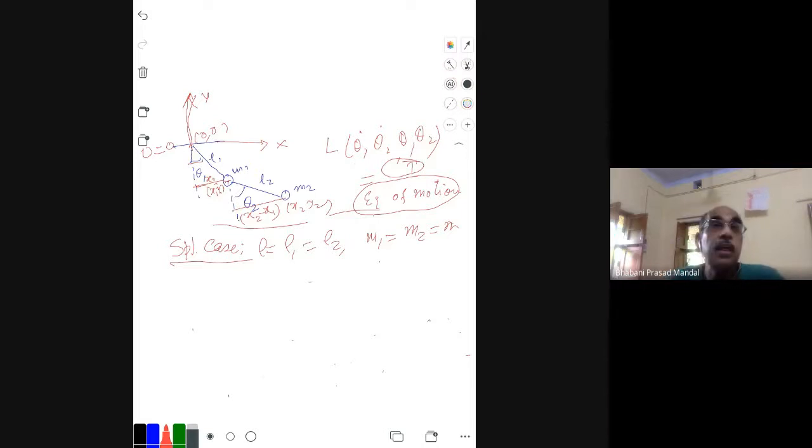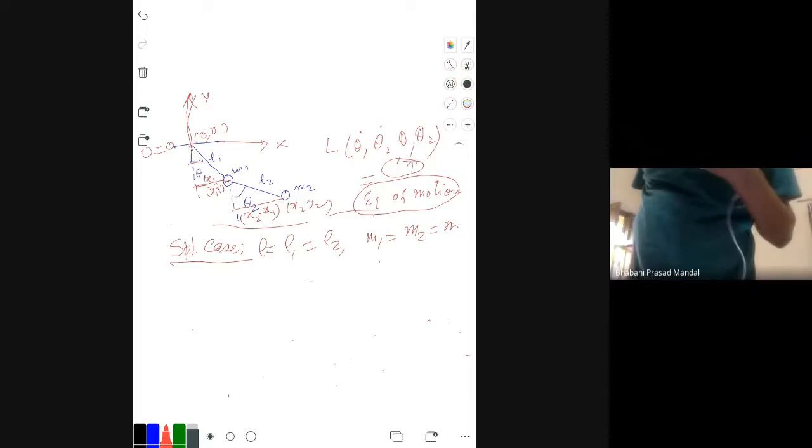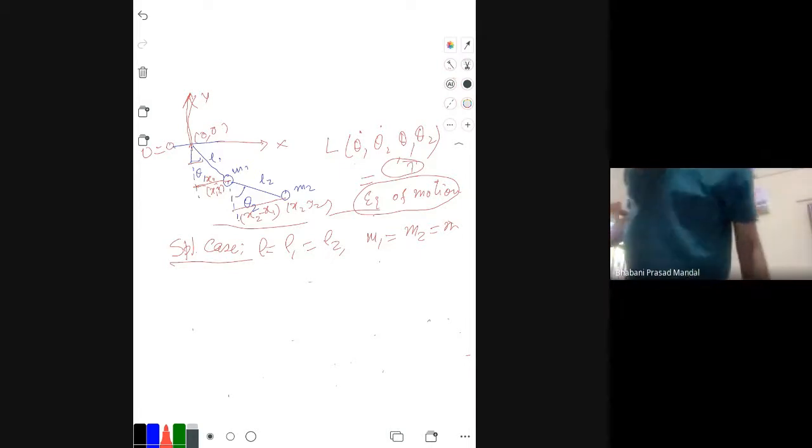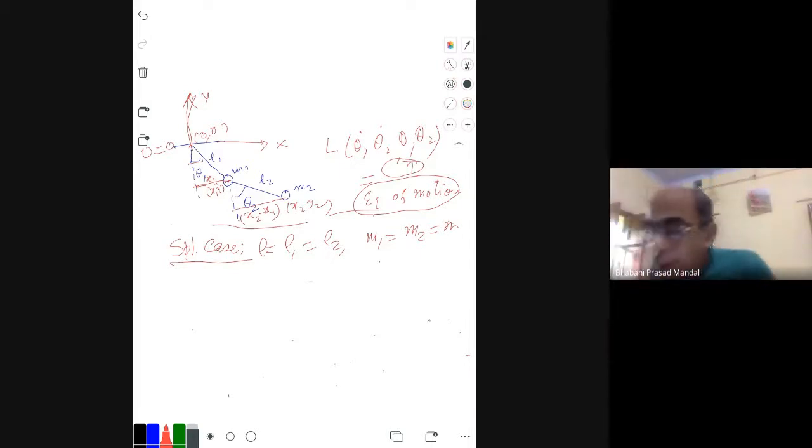Then you will find an equation which I will write for you, but I will not solve it now. Let me write this equation so that you can verify your calculation. Let me write from my notebook.